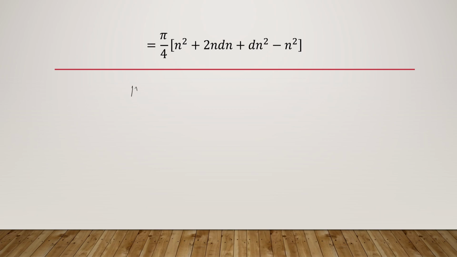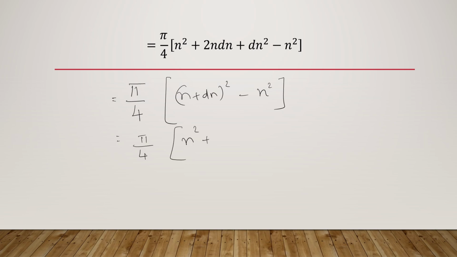Thereby, we get pi by 4 times n plus dn the whole square minus n square. We get n square plus 2n dn plus dn square, just like a plus b the whole square, and then minus n square.